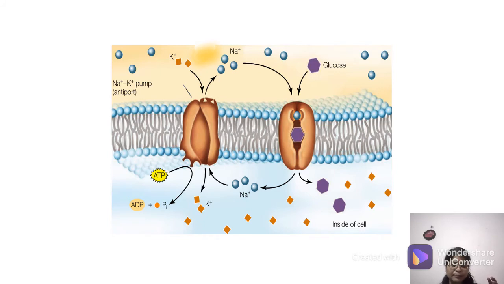Look at this case. This is the case of your sodium potassium pump, which I have just shown to you. This is the outside part of the cell, and this is the inside part of the cell.